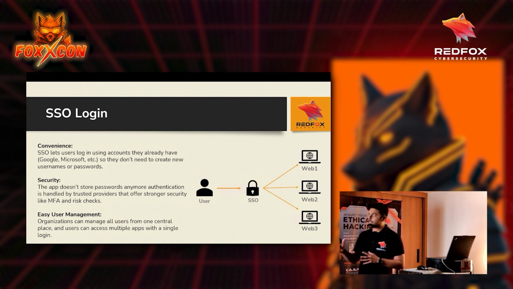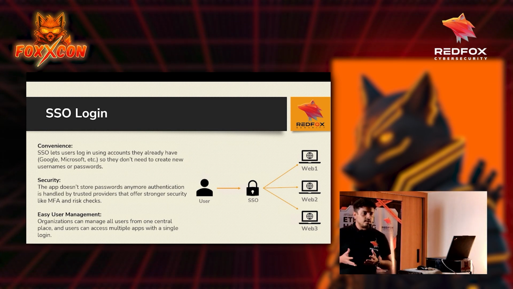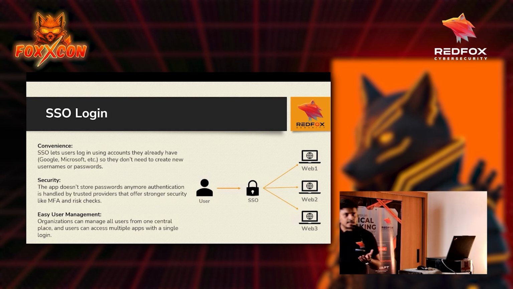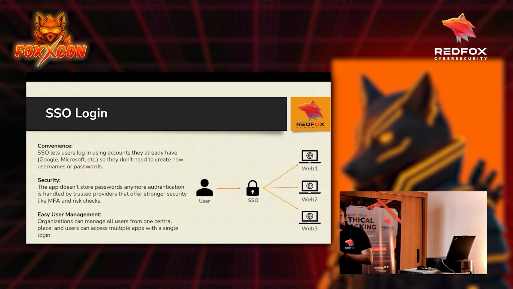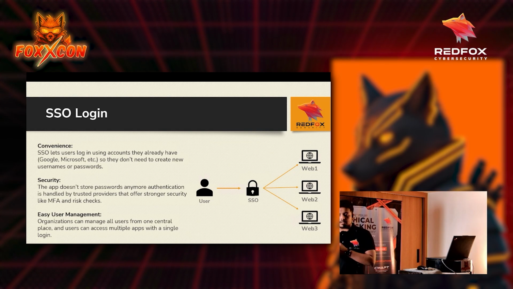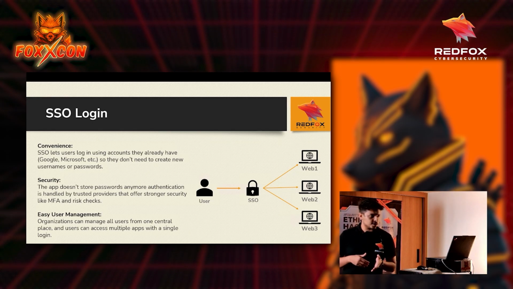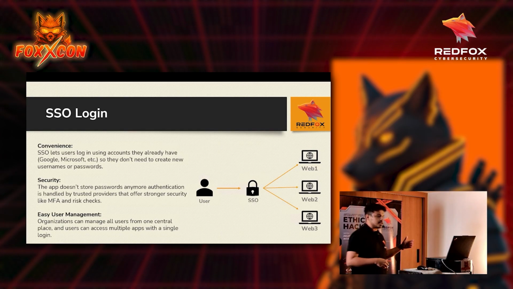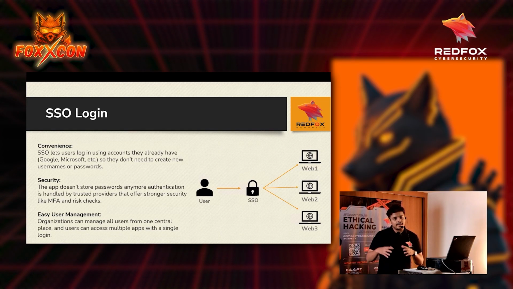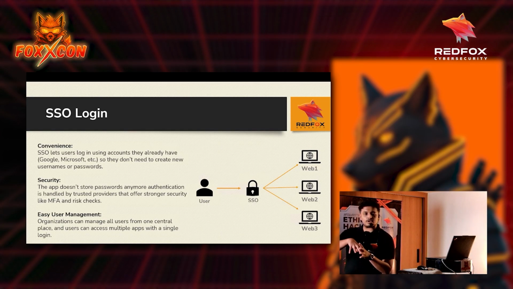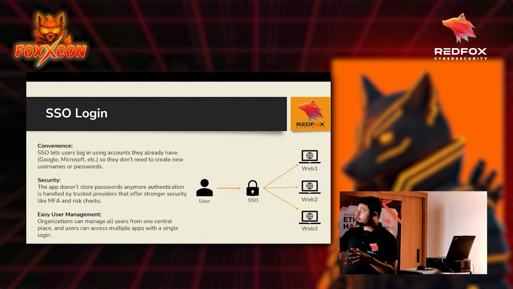So what exactly is single sign-on? As I said, a lot of the time the application server or the company itself doesn't want to be completely independent in its authentication, but the auditors or the GRC people will ask them to integrate third party authentication and authorization, which is where OAuth comes into place.